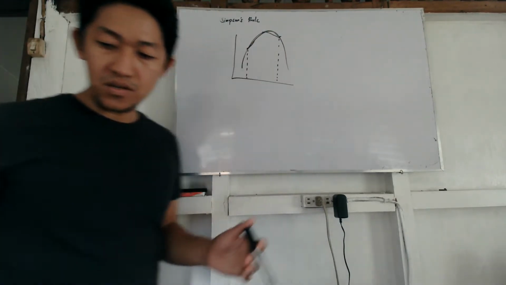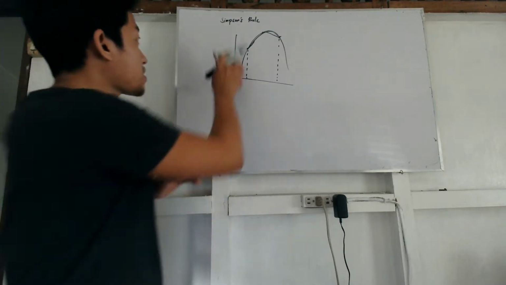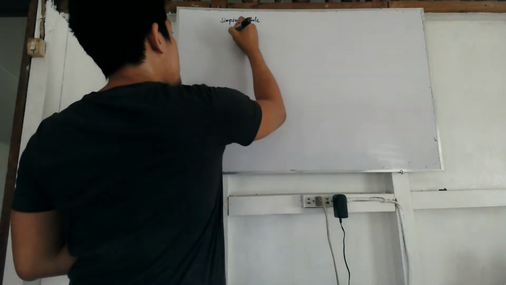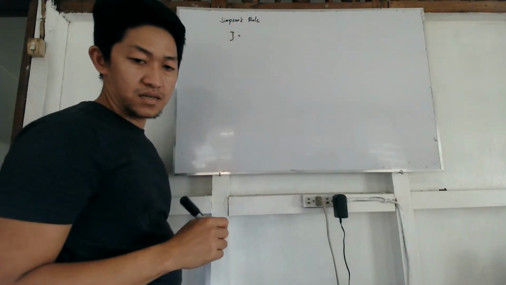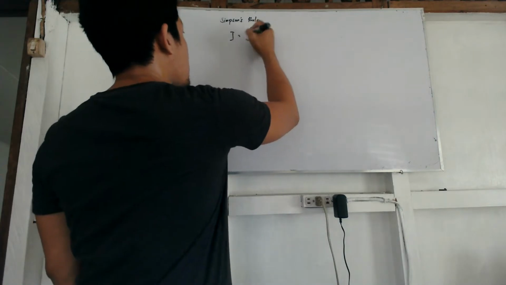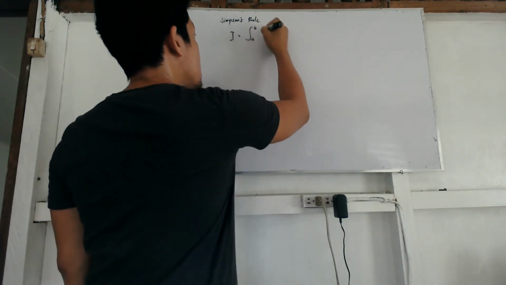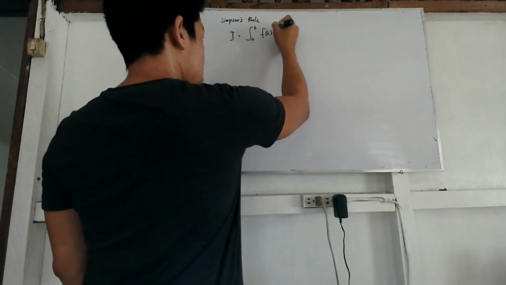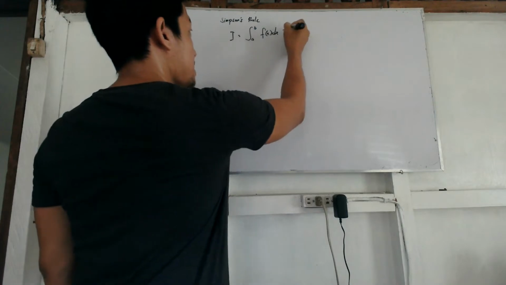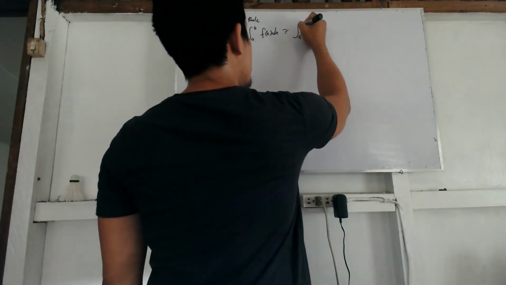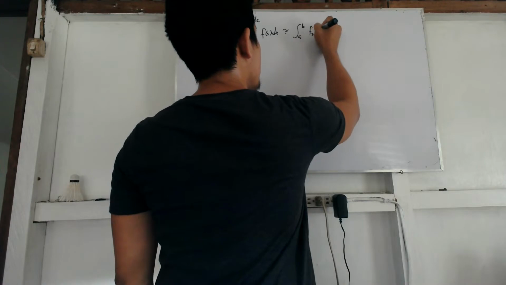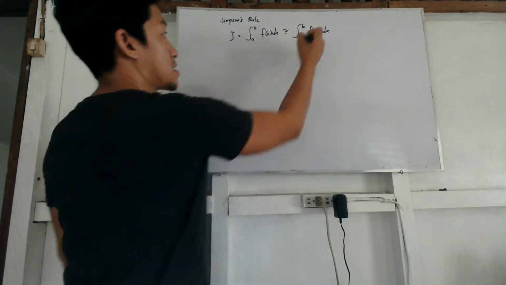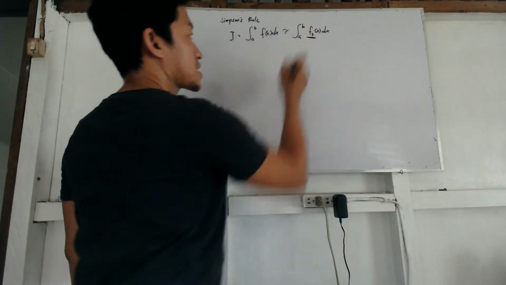Okay? So in equation form, the integral will be equal to the function. If this is the function, we will replace this one with a second order curve, denoted by subscript 2.